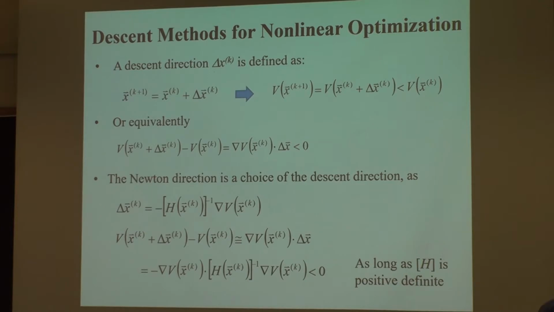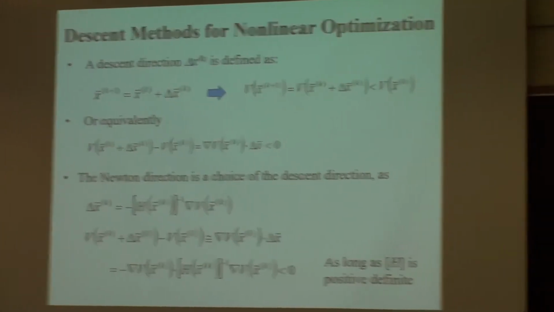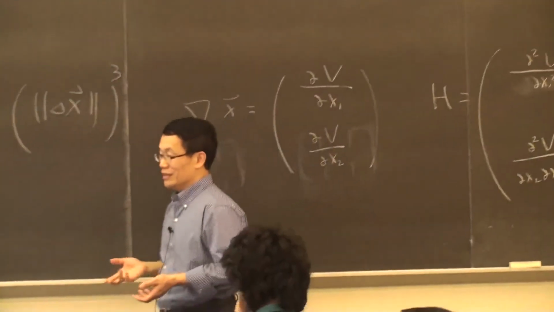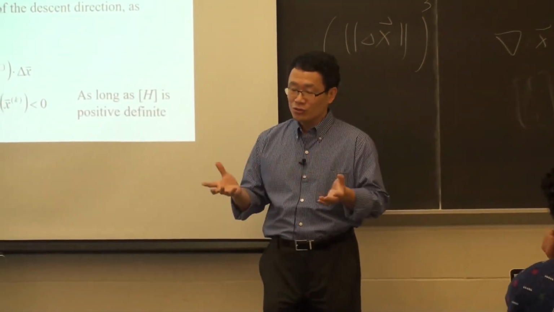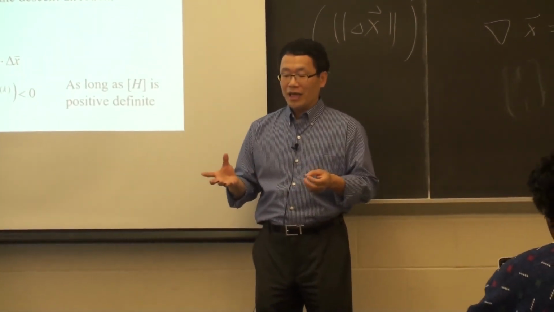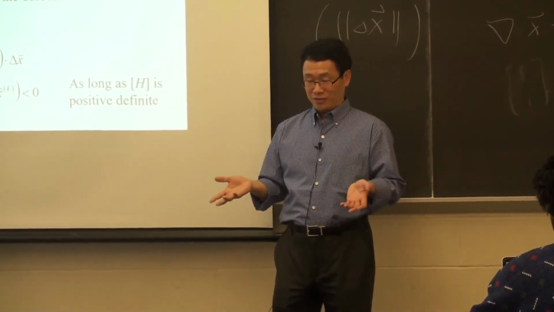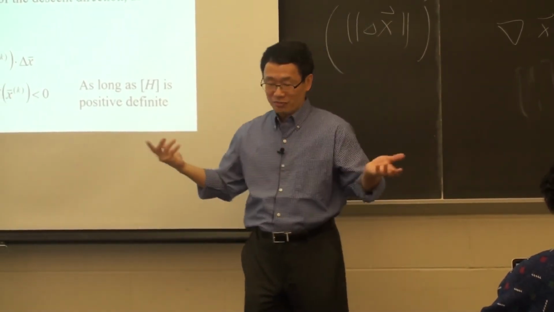So you then ask the question: every time I have to go to gradient and Hessian, it is so difficult to get. Is there a simpler method? Can I just find an approximate descent function that will continue to give me improvement?